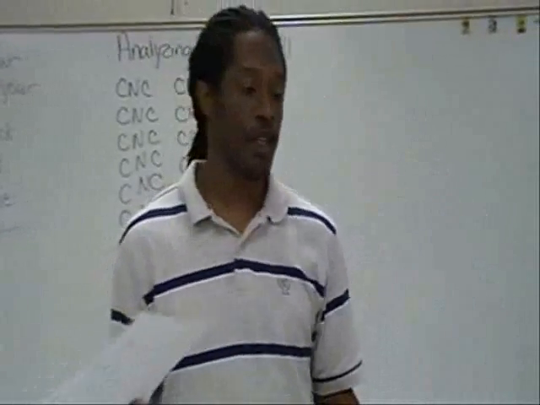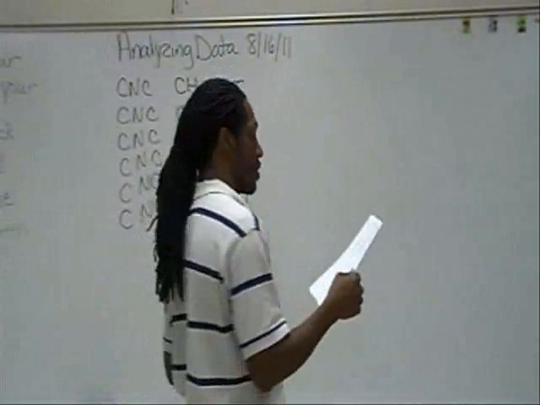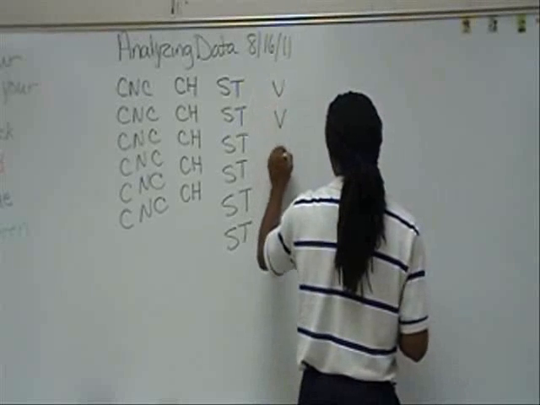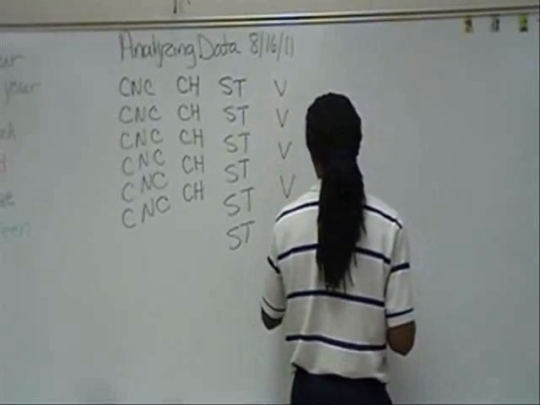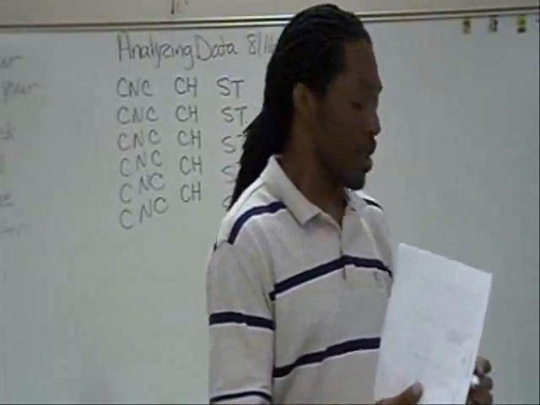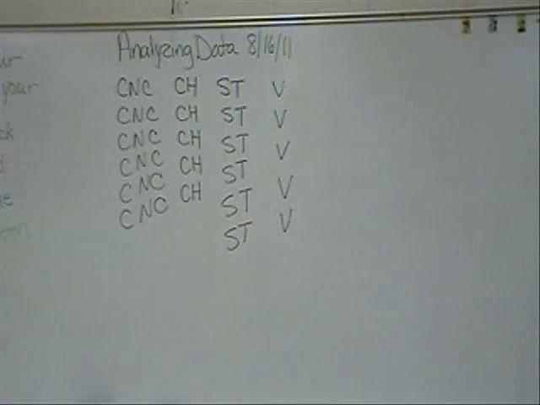And vanilla, we had 5 people. So we'll abbreviate it with a V. Okay? So, that is our data that we collected.